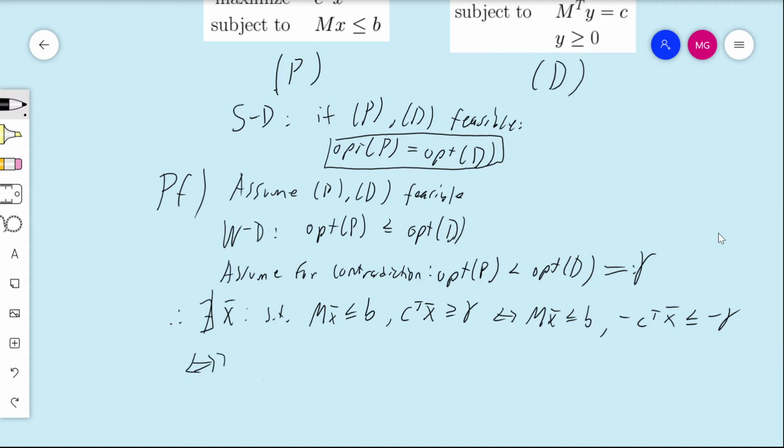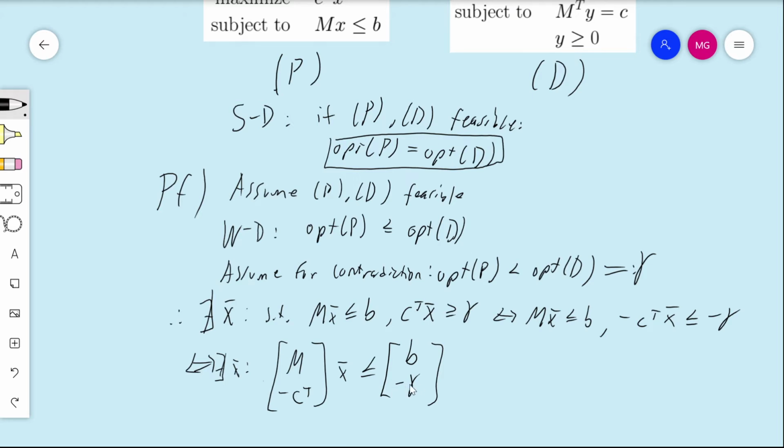This is equivalent to saying there does not exist x bar such that this matrix, which is M followed by the row vector minus C transpose, times x bar, is less than or equal to the block b, minus gamma. If you read these constraints across, we're saying that M x bar is less than or equal to b, and minus C transpose x bar is less than or equal to minus gamma.